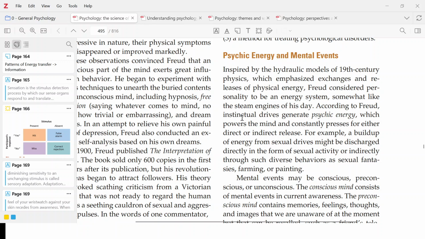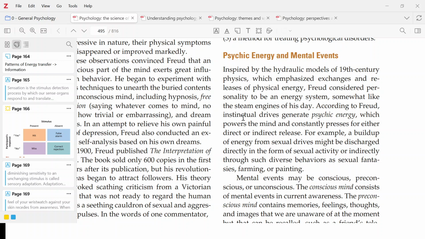According to Freud, instinctual drives generate psychic energy, which powers the mind and constantly presses for release. So built-up energy in the form of sexual drives might be discharged directly or indirectly through sexual activities or fantasies or other activities.